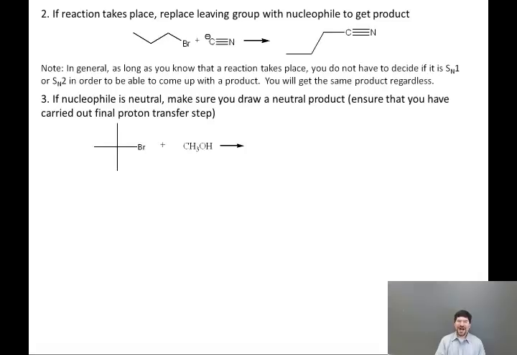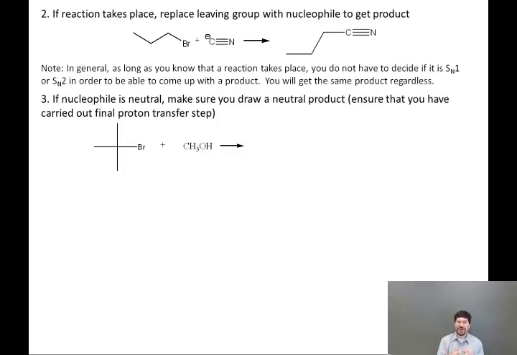If the nucleophile is neutral, you need to make sure that you draw a neutral product. In other words, carry out mentally that final proton transfer step in which you lose a hydrogen from the neutral nucleophile. So in the case of tert-butyl bromide plus methanol, this will be an SN1 reaction, but again, you don't have to know that to solve the problem.